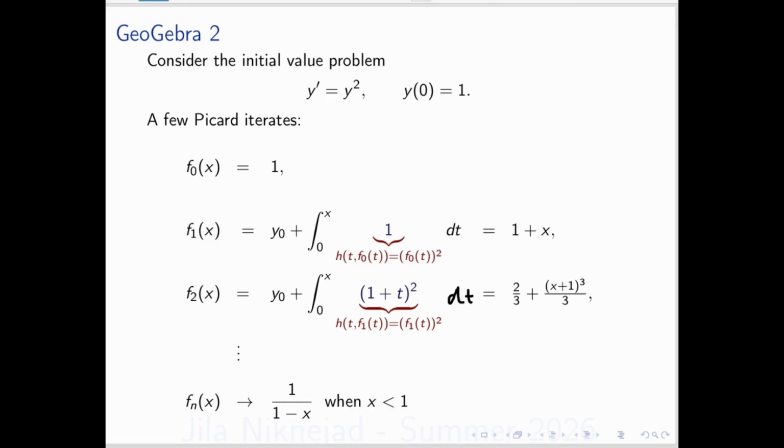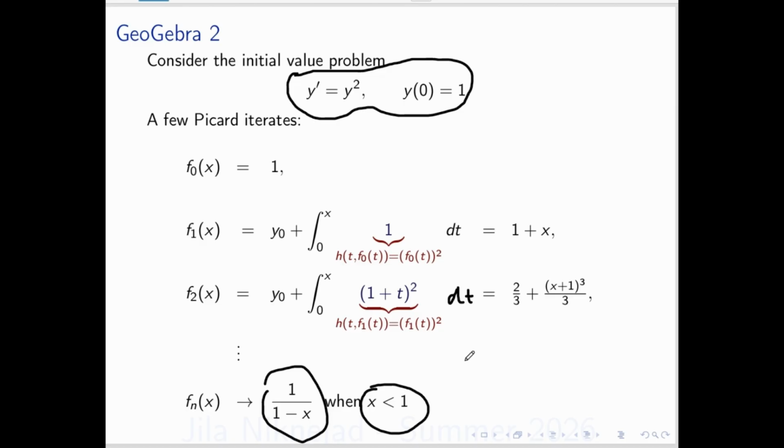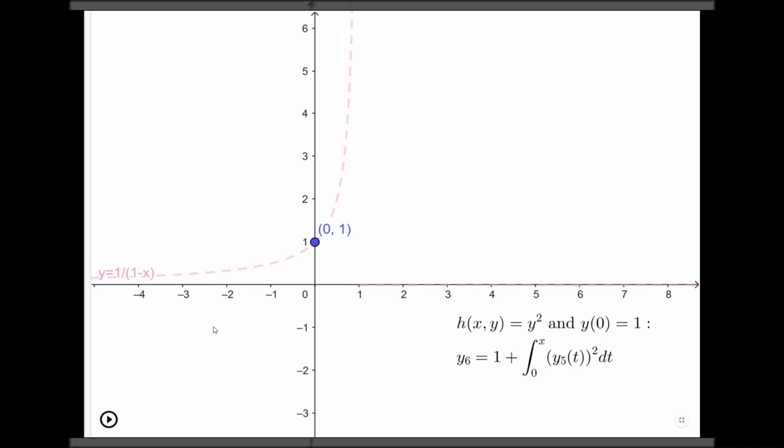This is actually the solution to this differential equation. You can use the separable method to solve. And notice, even though, as we said, h and h sub y were continuous everywhere, the solution was limited to a smaller domain.